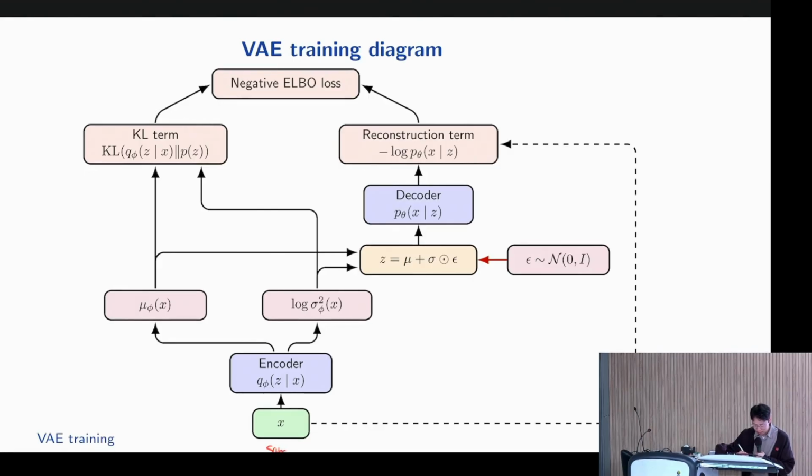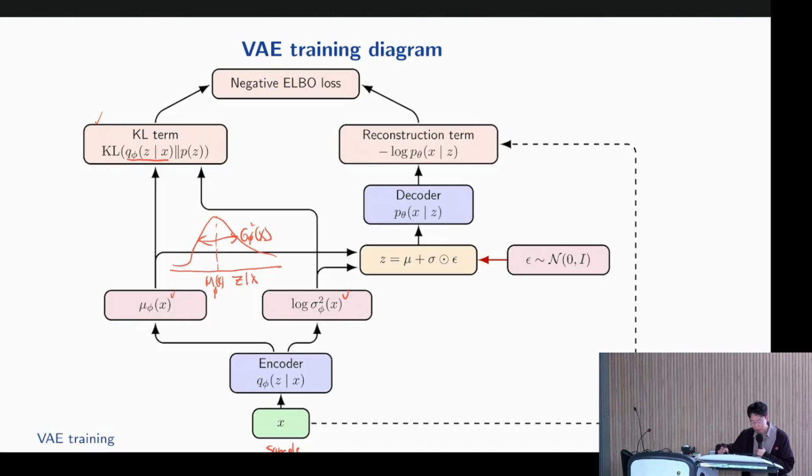So you sample clean data X, push it through the encoder, outputs two parameters, mean and log variance for Z, and this together defines distribution Z given X. And given these outputs, you can immediately compute the KL path, because the KL path only is a function of whatever the encoder outputs, right?